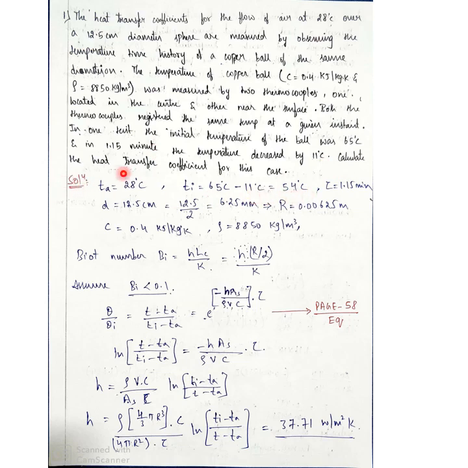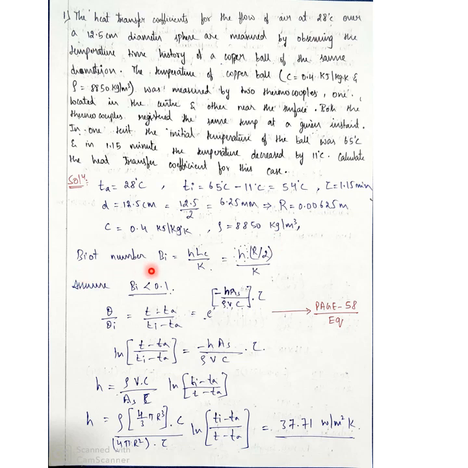He is asking to find the heat transfer coefficient, h. The air temperature, that is ambient temperature, is 28 degrees Celsius. Tau is given as time, 1.15 minutes, and the diameter of the sphere is given, which we convert into radius in meters. He has also given C, specific heat, and density.